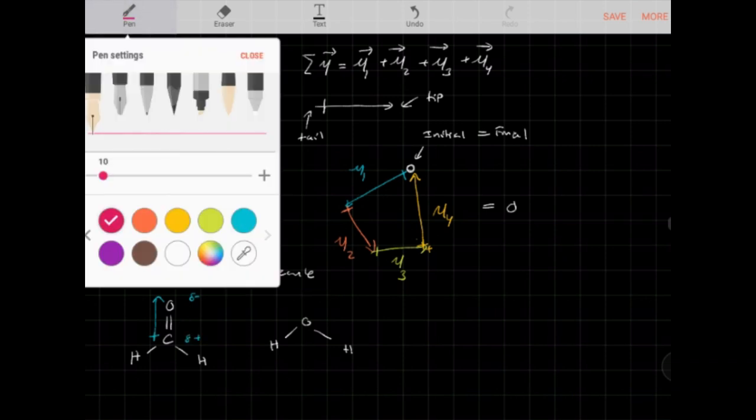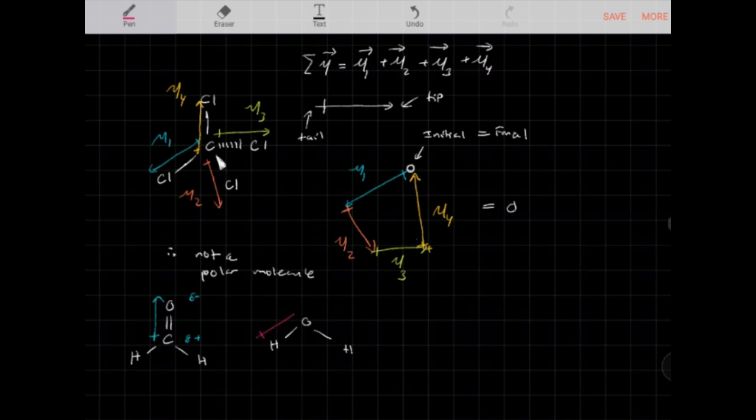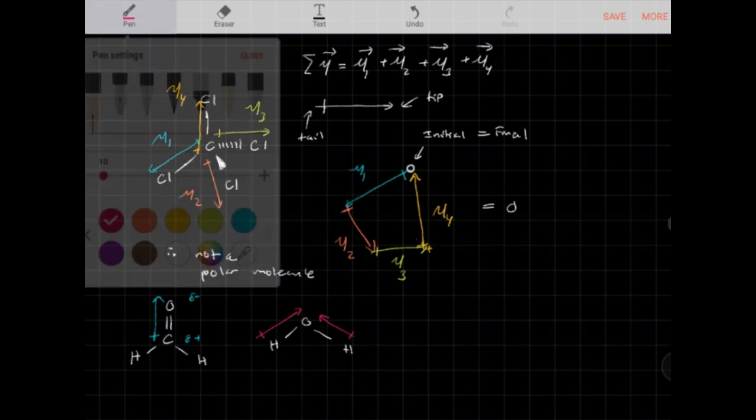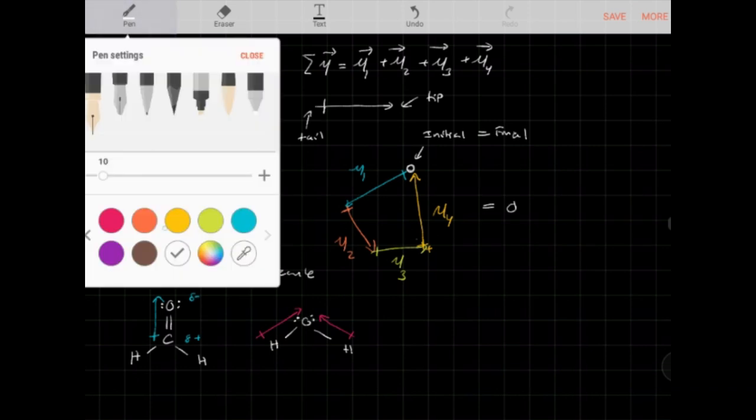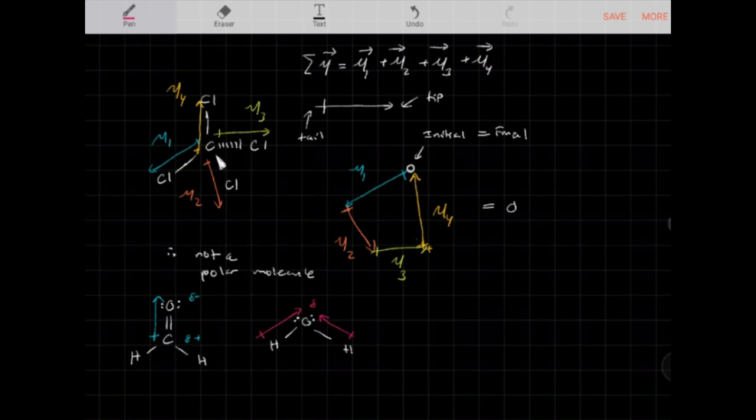We also looked at the dipole moments for water, which went this way. You want to put the valence electrons here as well. As a result, you get a partial negative here and a partial positive here. This methodology works for all of the molecules.